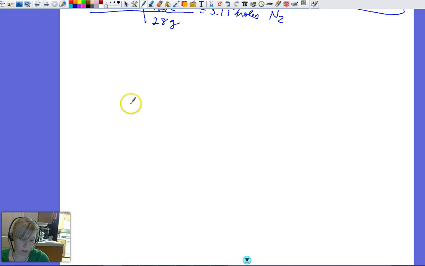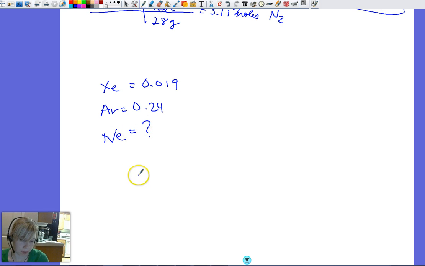The next mole fraction problem says a gas mixture contains these gases with these mole fractions. So we have xenon with a mole fraction of 0.019, argon 0.24, and Ne, so neon, and we don't know what that is. It wants to know what is the mole fraction for neon. So they all have to equal 1 for a mole fraction. So we can do 1 minus 0.019 plus 0.24.